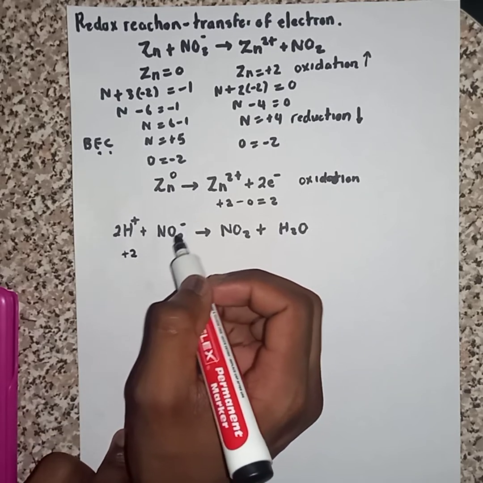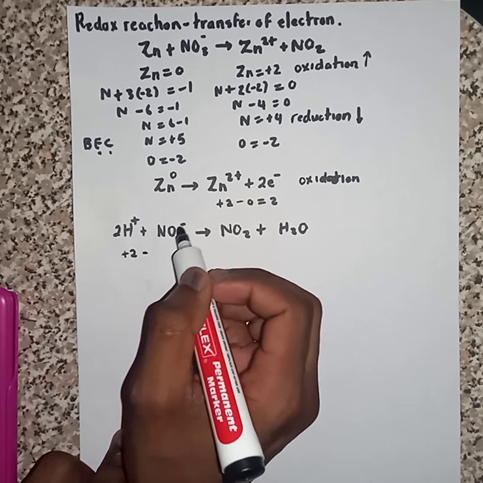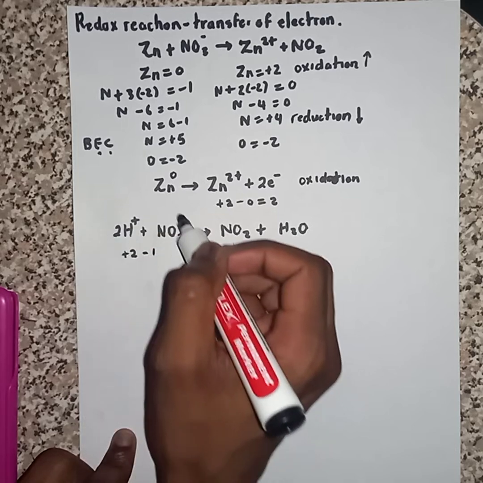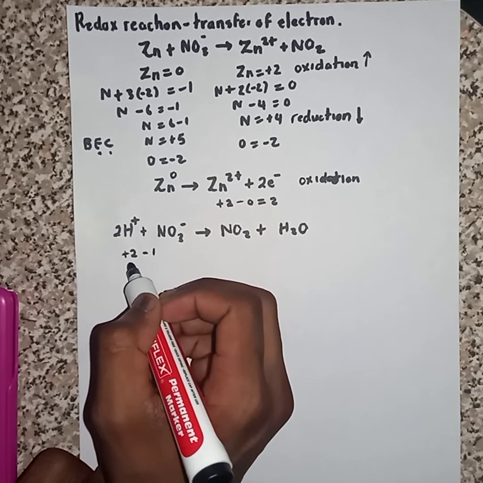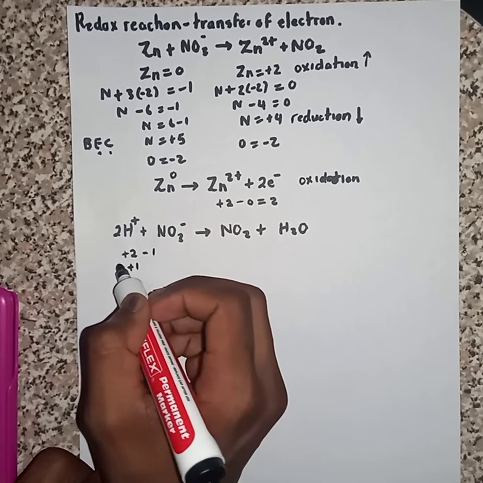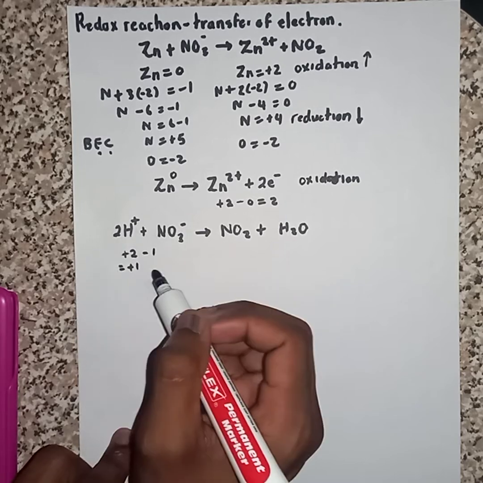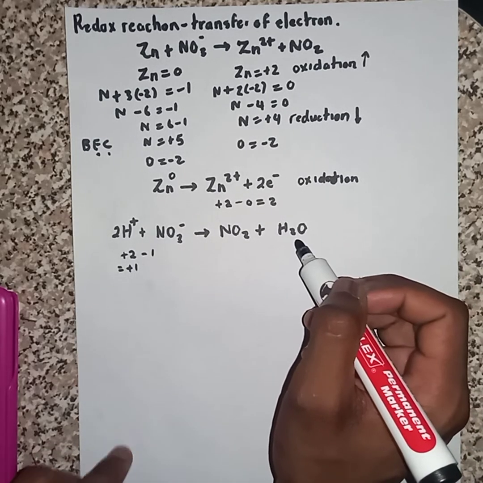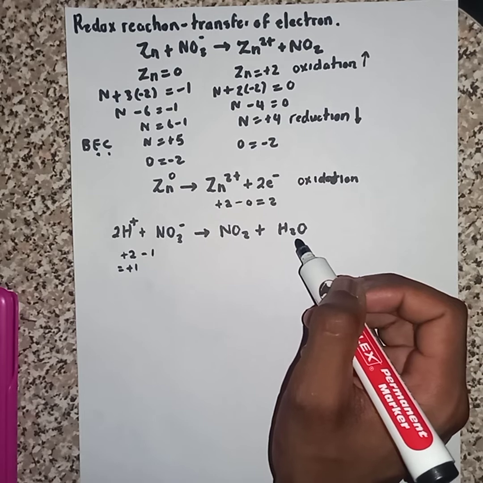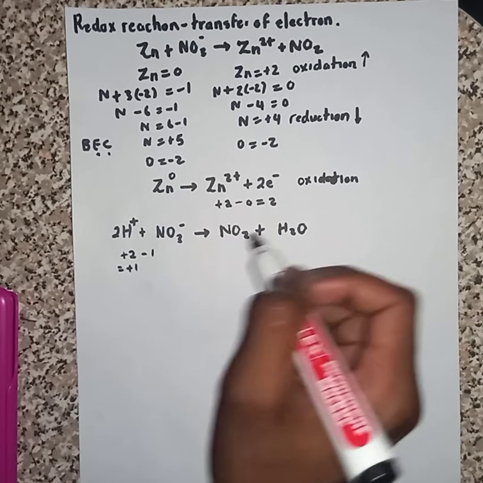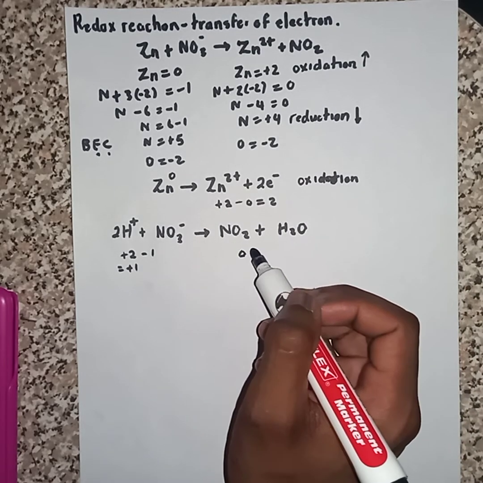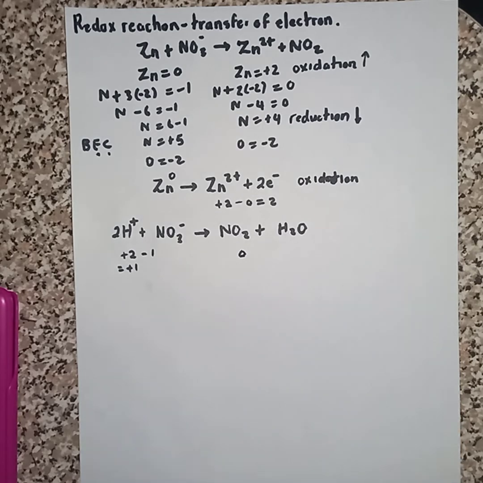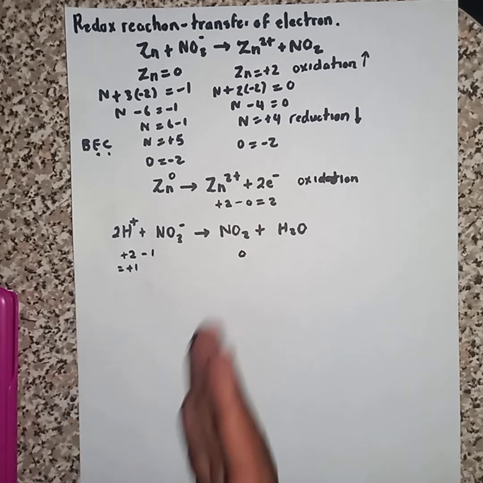When I add this to the -1, the overall charge on my left hand side is going to be +1. This is the overall charge on my left hand side. On my right hand side, we said we have 0 charge. Then how are we going to balance these charges?